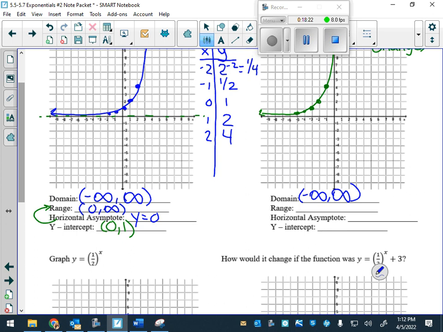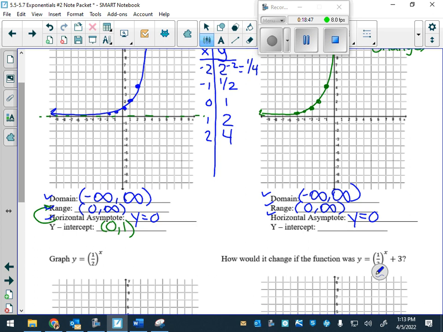Danielle? 0, infinity with parentheses. Good. What would be our horizontal asymptote? Go ahead, Nolan. Y equals 0. So since we only moved left 3, domain, range, and horizontal asymptote are the same as our parent function.